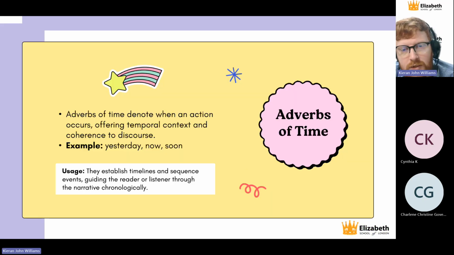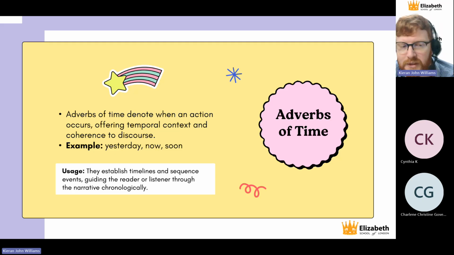Adverbs can also be used to describe the time of something. They are closely connected to prepositions, but they're also quite different. We could say that something is done quickly, or you could say something was done yesterday. It is still an adverb, even though it doesn't finish in ly.